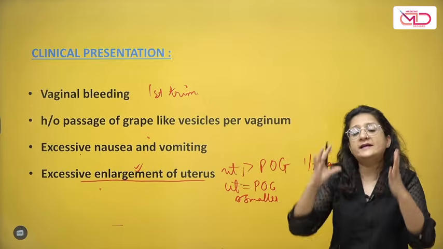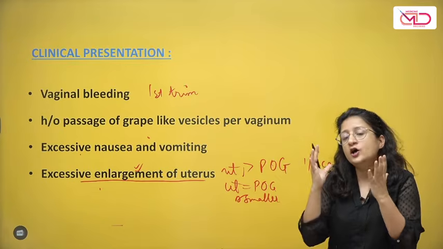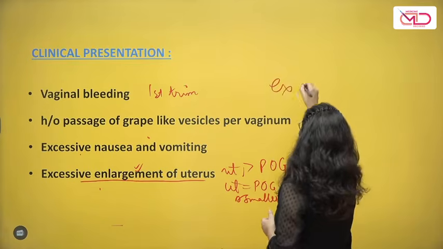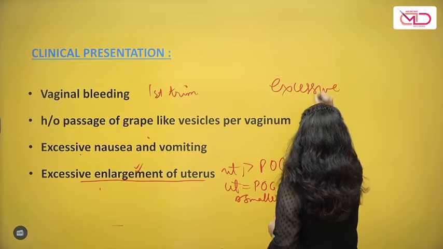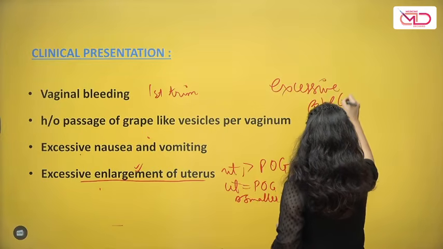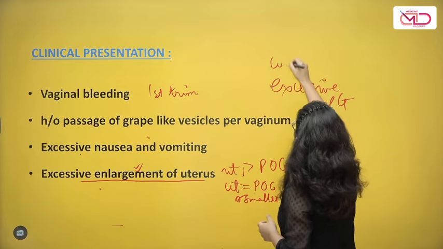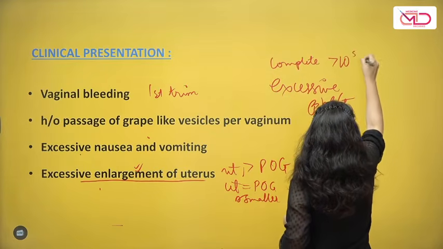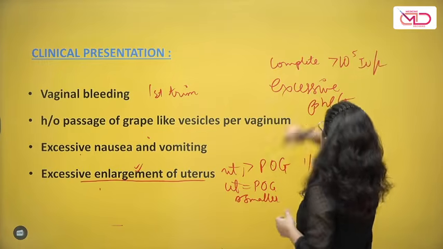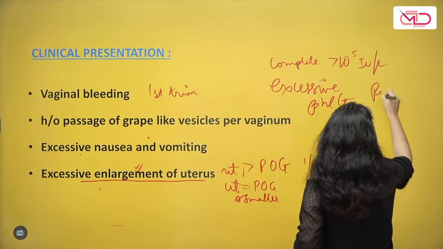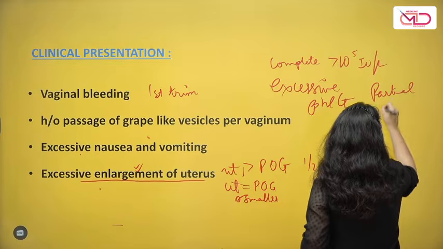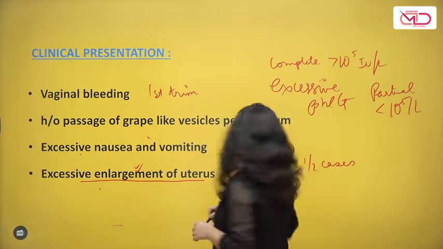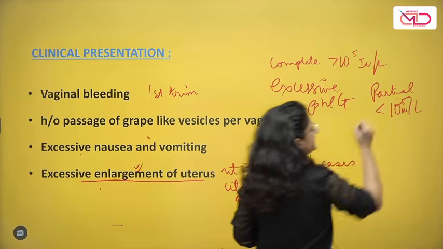Now, these extensively proliferated chorionic villi produce excessive amounts of beta HCG. In complete mole, the beta HCG is usually more than 10 to the power 5 international units per liter, and in partial mole, it's usually less than 10 to the power of 5 international units per liter.